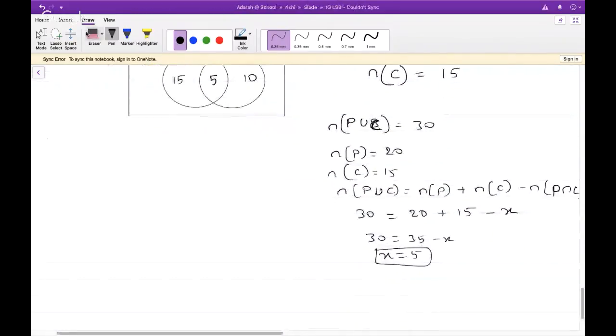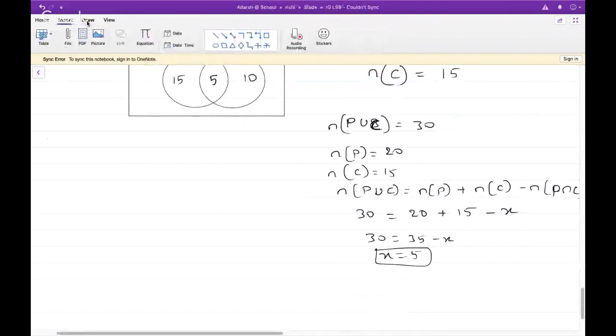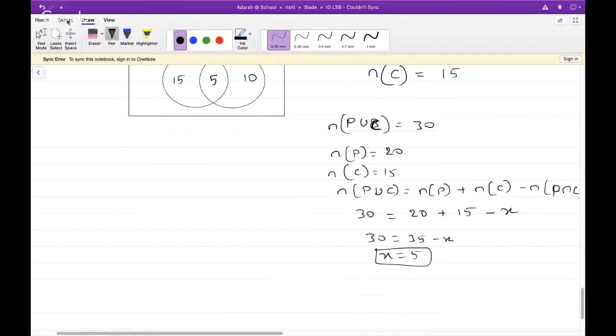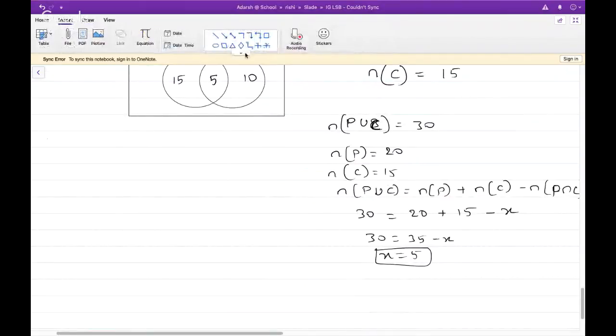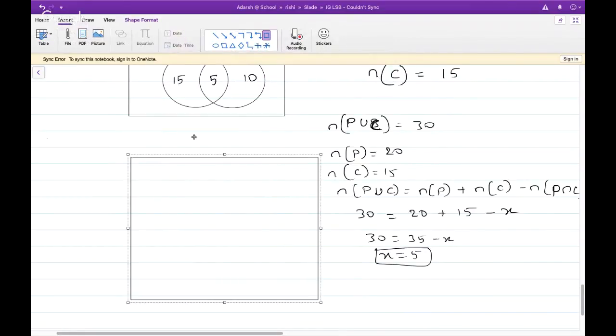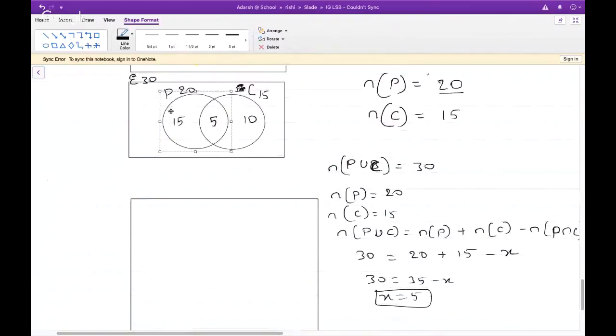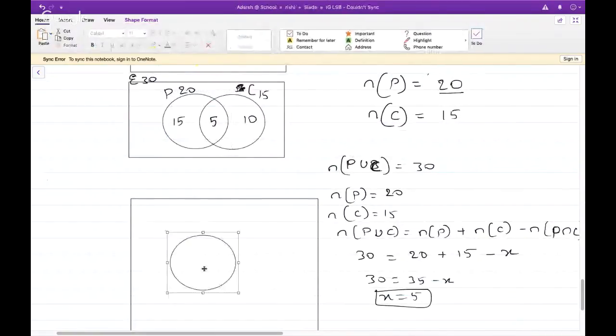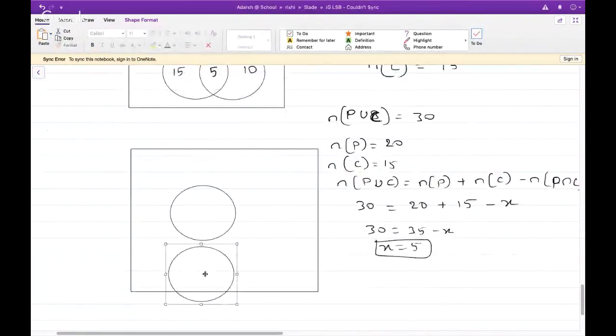Now, if there are three sets, suppose I have three of them.